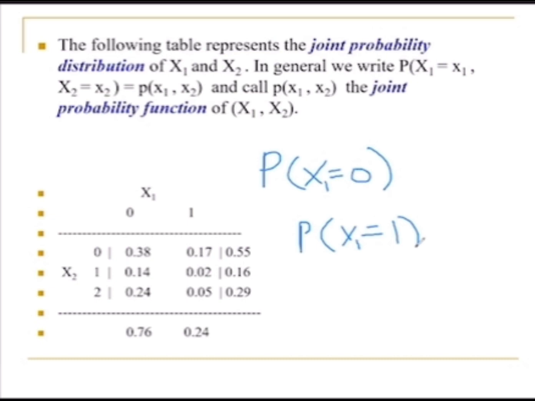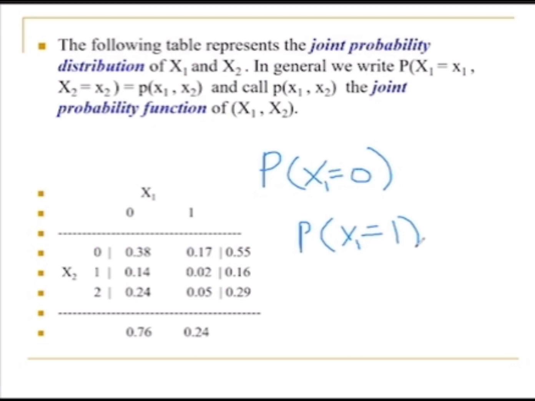Does that make sense? That means I'm going to add 0.38 to 0.14 to 0.24. That will give me 0.76. Therefore, this is 0.76.